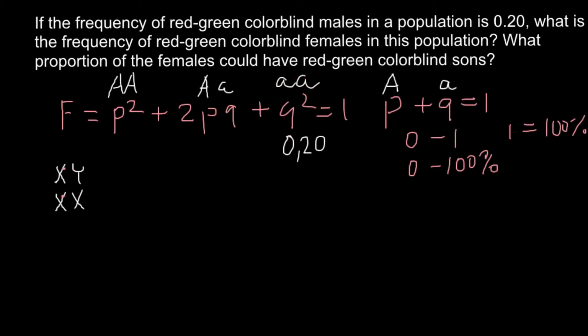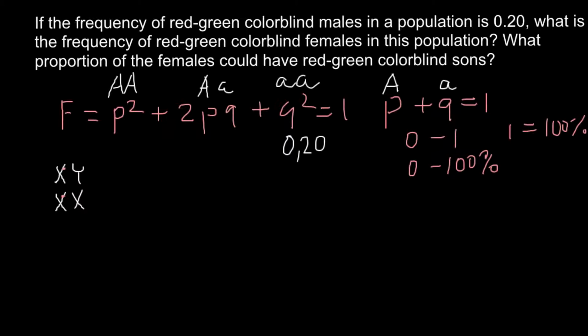So if the frequency of this genetic disorder in males is 0.20, we can find the frequency of this genetic disorder in females, because females have two X chromosomes, so in females we would need two X chromosomes that have two recessive alleles. So we have to multiply this number by itself.